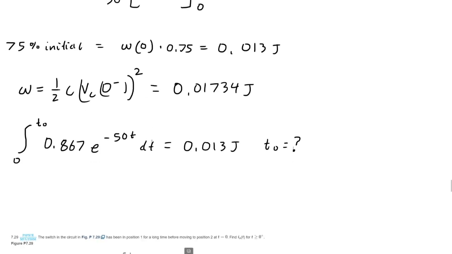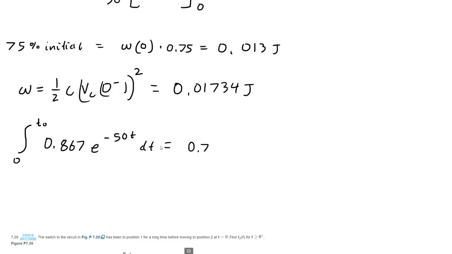So I'll do the antiderivative and then do the anti-log basically. Let's do 0.867 times 50. These numbers on the outside actually cancel out if I set them equal. That might make it a little bit easier to understand.